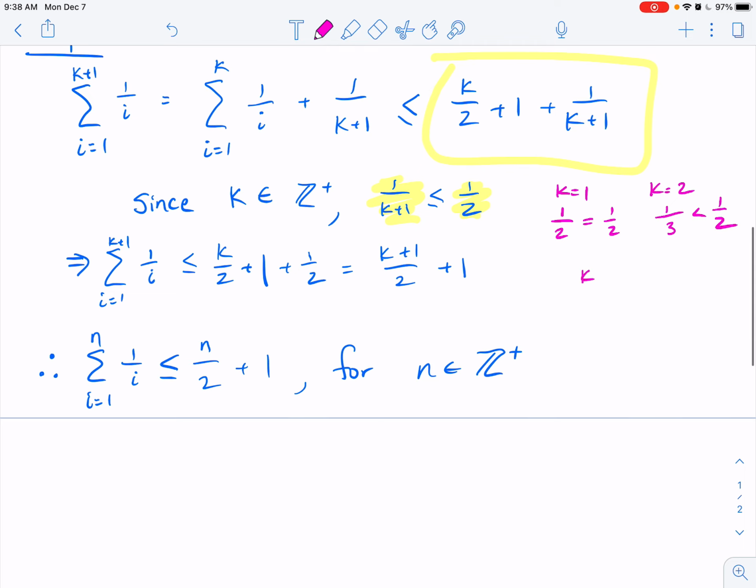You could pick 1,000 and say, well, 1 over 1,001 is less than 1/2, and so we're good. So since k has to be a positive integer, this statement will be true.